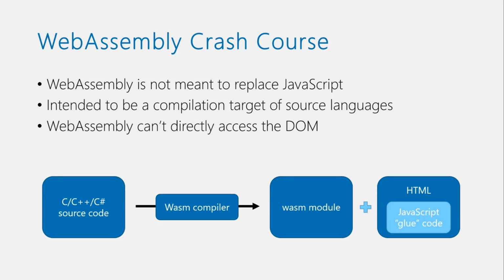It's meant to augment it. You might say, hey, we already have JavaScript, we're already writing JavaScript applications. That's completely fine. It's not meant to completely replace it. It's just another tool in your tool belt. And like I said, it's meant to be a compilation target for source languages, and it can't access the DOM directly. It has to use JavaScript glue code to manipulate the DOM.